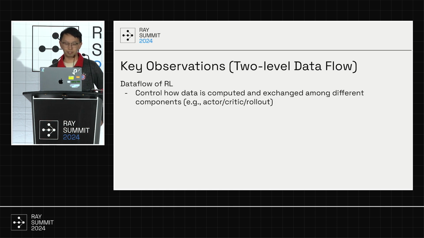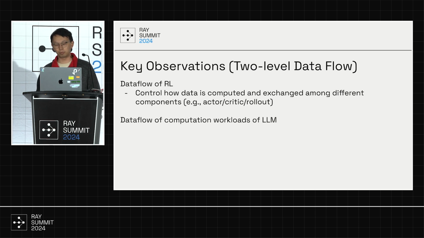First, we have the data flow of RL, which is mainly cared about by RLlib. It controls how data is computed and exchanged among different components in the RL system. Then, since the model becomes very large and distributed training is necessary, there's another level of data flow, which is the computation workloads of the large language models.